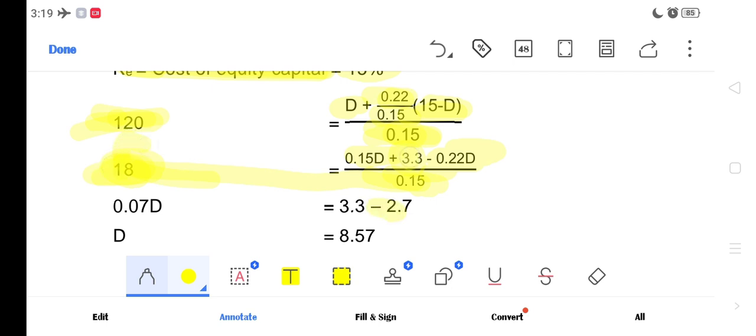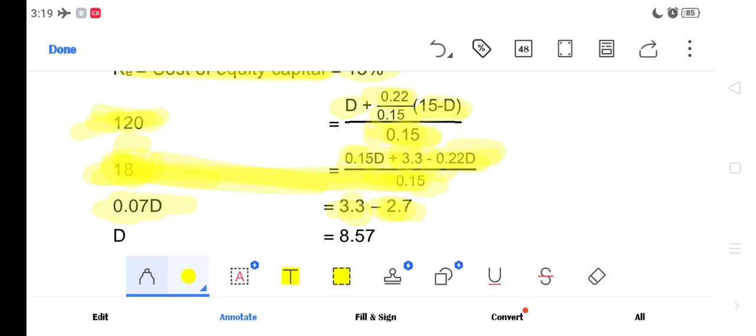So 3.3 stays here, and this 2.7 is there, no? If you multiply 18 into 0.15, it goes to RHS. So 3.3 minus 2.7, and where does this go? So 0.15D minus 0.22D gets minus 0.07D, which goes to the LHS side.